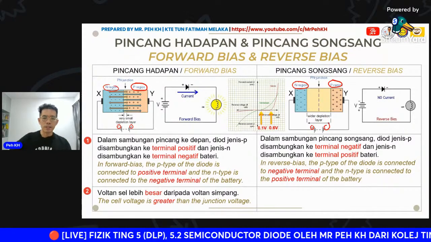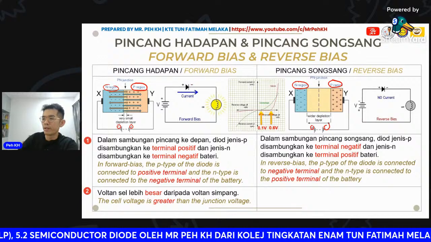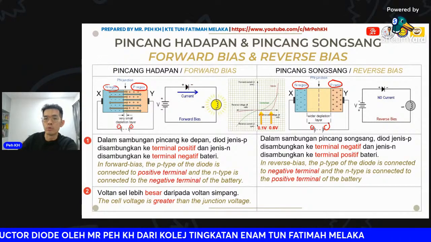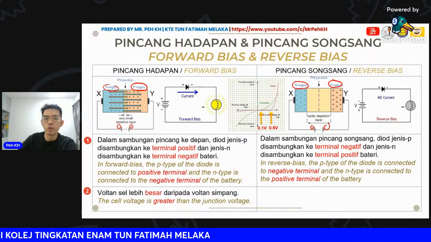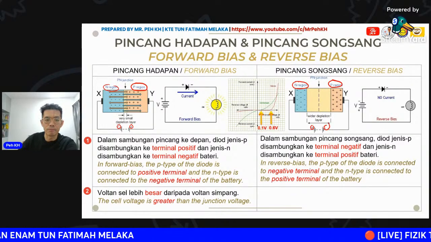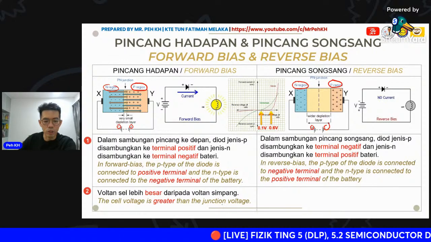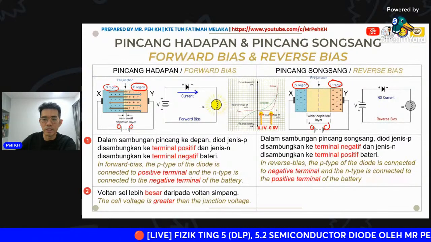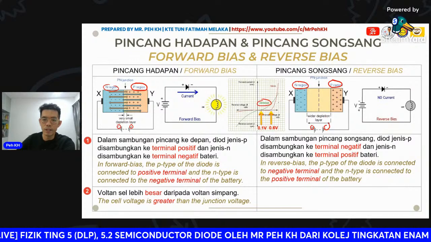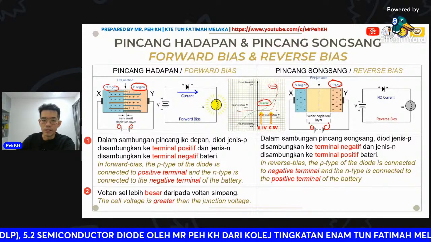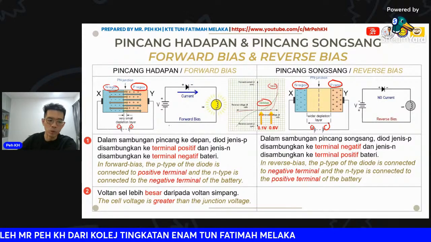Okay, so here, as mentioned just now, to allow the current to flow through, the electron or hole must cross the junction, so the current will be produced and the bulb will light up. Here, the cell voltage is greater than the junction voltage. Just as we mentioned already, for germanium, the junction voltage will be about 0.1 volt, and for silicon, about 0.6 volt.